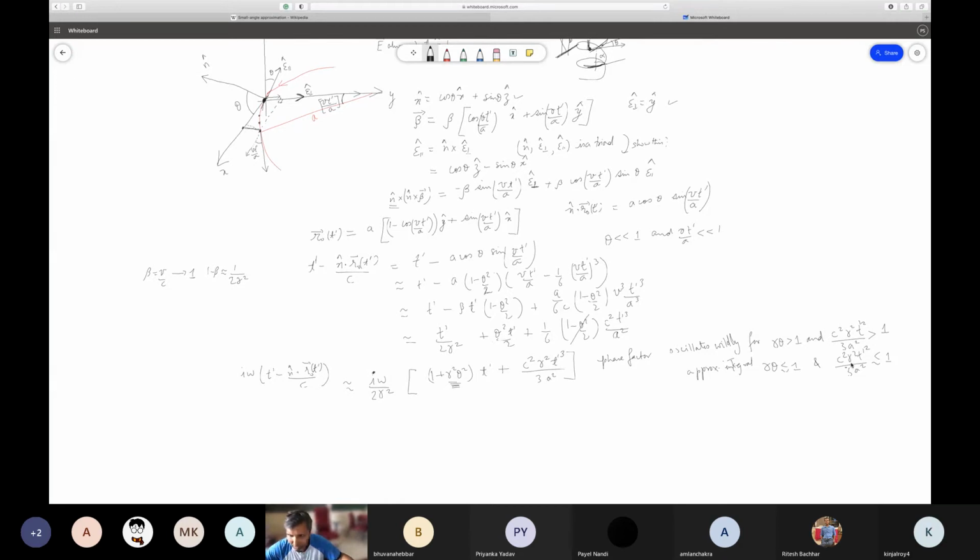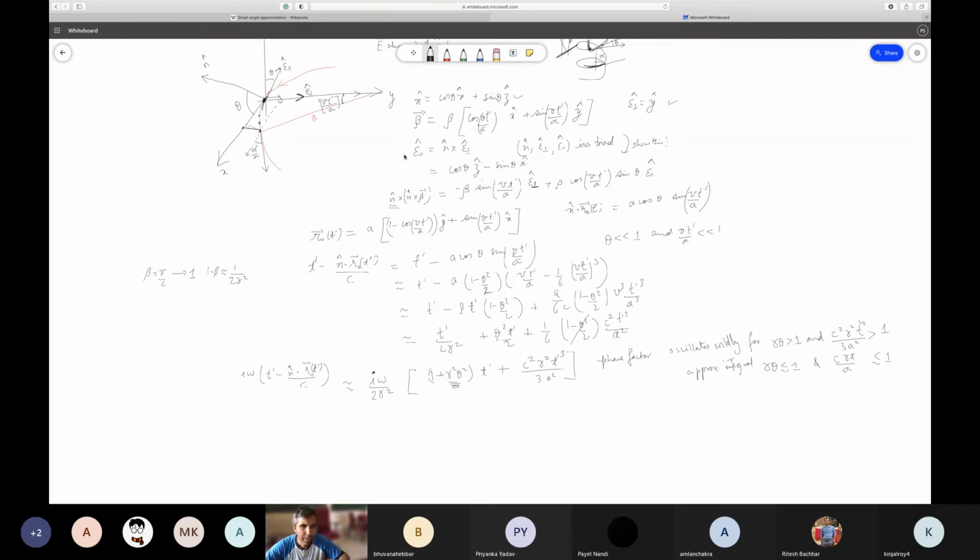Right, I don't have to write these squares. So C gamma t by A is less than 1.